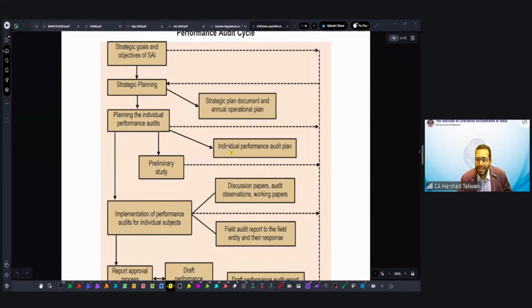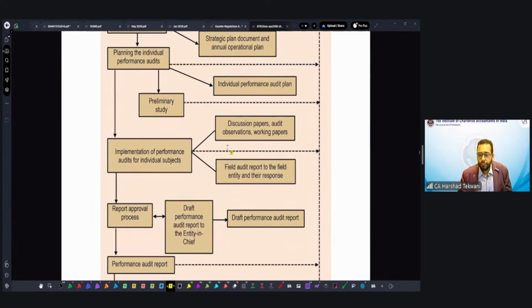Here we need to understand the objective of that particular activity, function, or whatever it is. Okay. You need to identify the subject matter, the criteria. Okay. You need to perform the discussions. And then fieldwork, questionnaires. And accordingly, you prepare your draft report and then you provide that. This is how the performance audit is done.